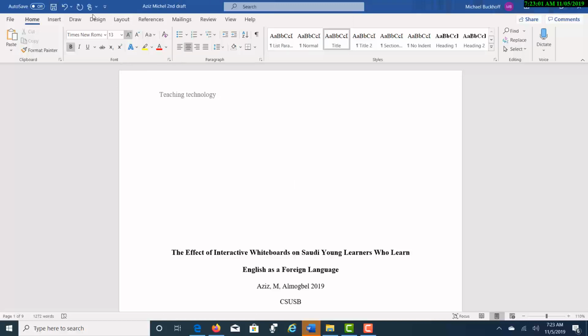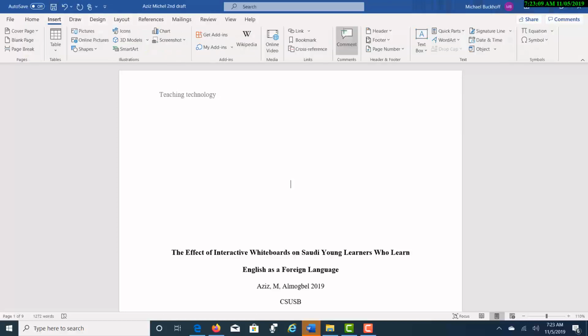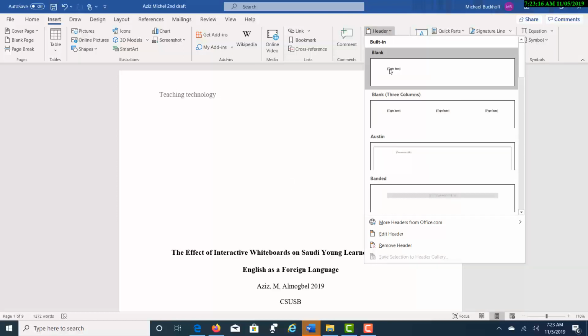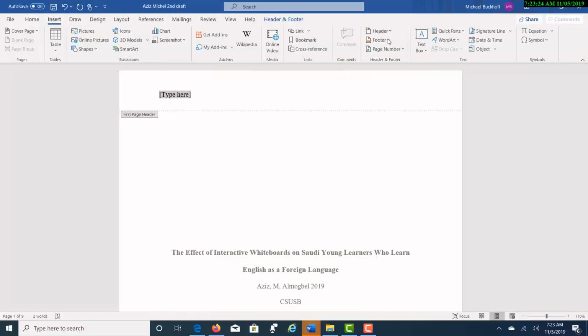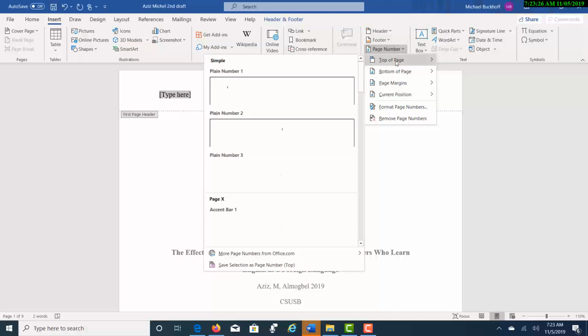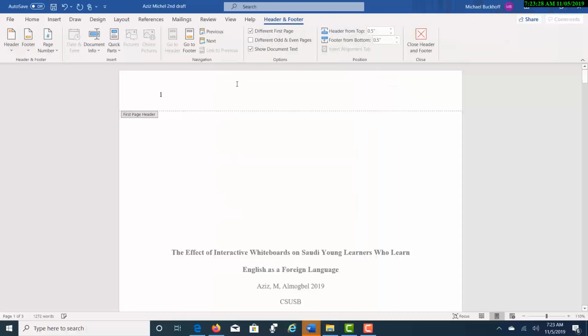The next step is we need to create what's called a running head, right? So the best way to do this, I think, is to insert. Let's go to header. We have here, and then let's go back to page number. Also at the same time, let's put it up there at the top of the page.